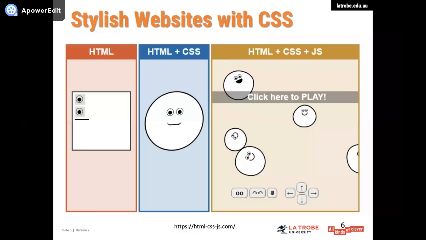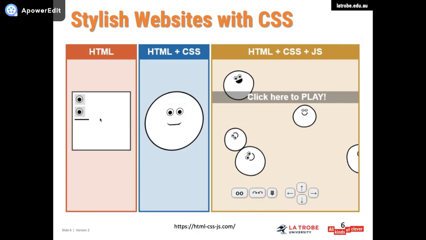Let's recall what we learned last week about this. If you remember, HTML just describes the basic elements in one website, but it doesn't tell you how to place each element and how to make it a little dynamic.